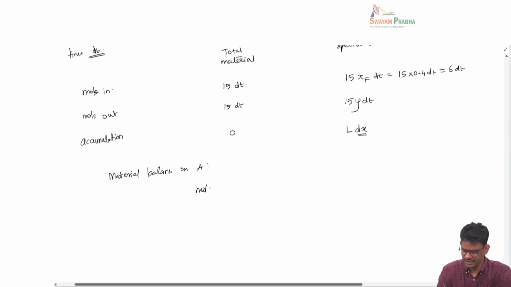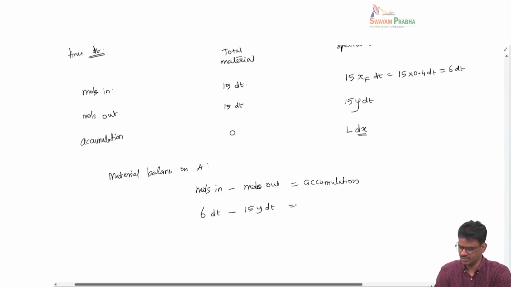So moles in minus moles out is equal to accumulation. So that would be 6 dt minus 15y dt is equal to, by the way, L is 30, so I can also put that number here.